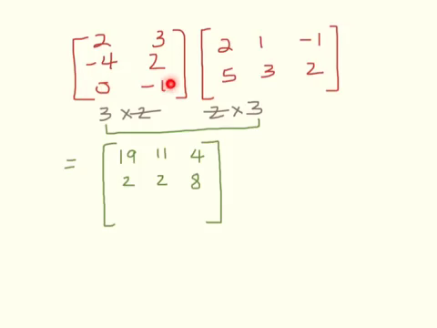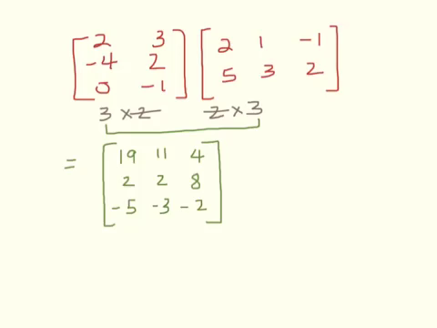Okay, third row, first column goes here. So that's 0 minus 5. Okay, third row, second column goes here. 0 minus 3. And then the last one is negative 2.